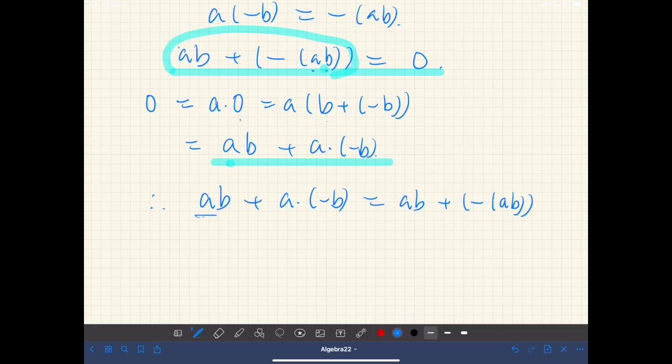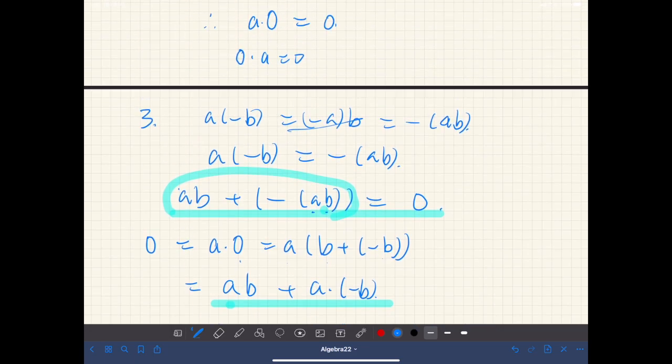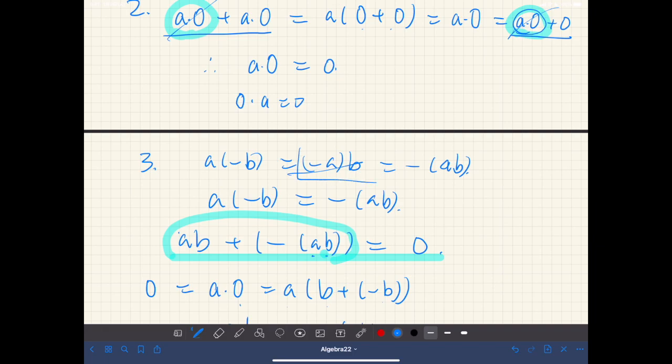But here we have AB here, AB here. So according to part 1, we can cancel the same elements. Therefore, we have A times minus B is equal to negative AB. And we are done.